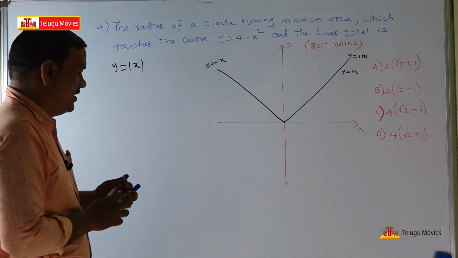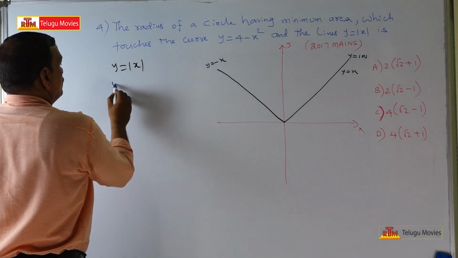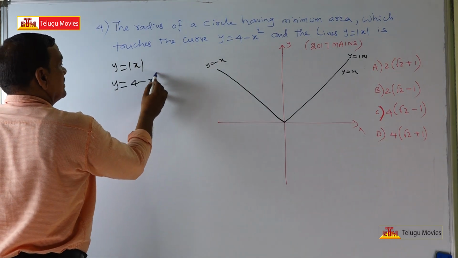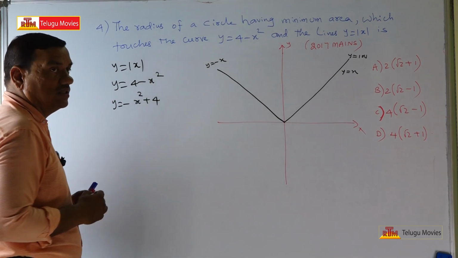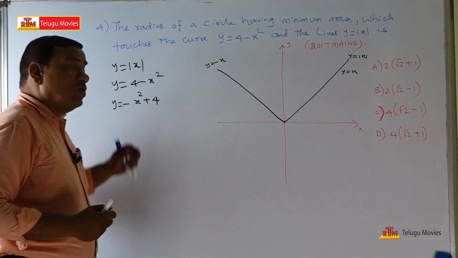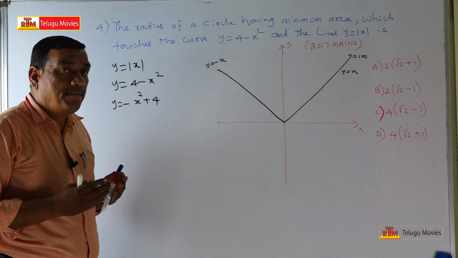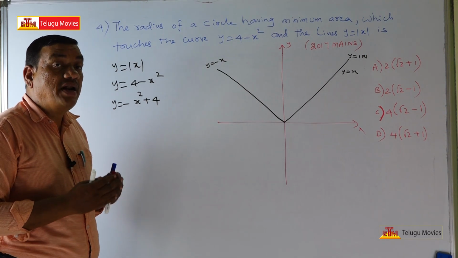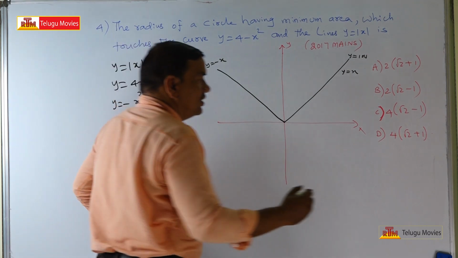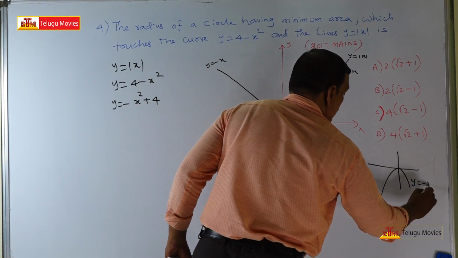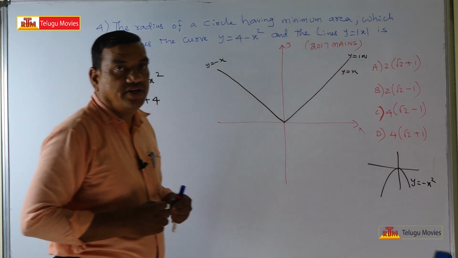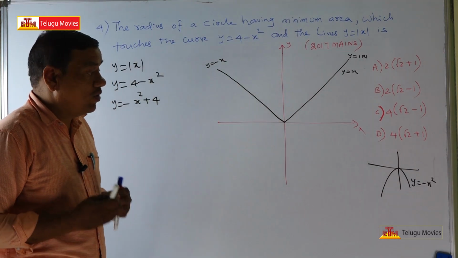Coming to the next curve, that is y is equal to 4 minus x square. You can write it as y is equal to minus x square plus 4. First, y is equal to minus x square is a parabola opening downwards.